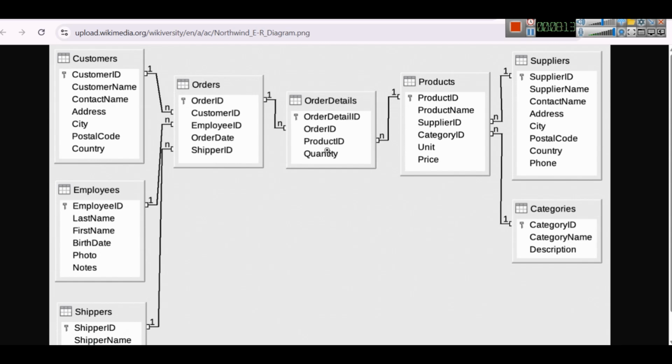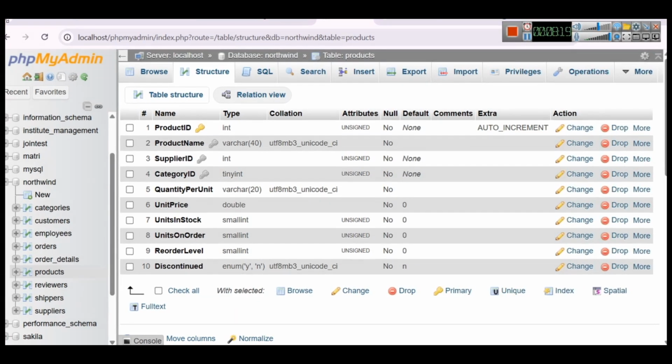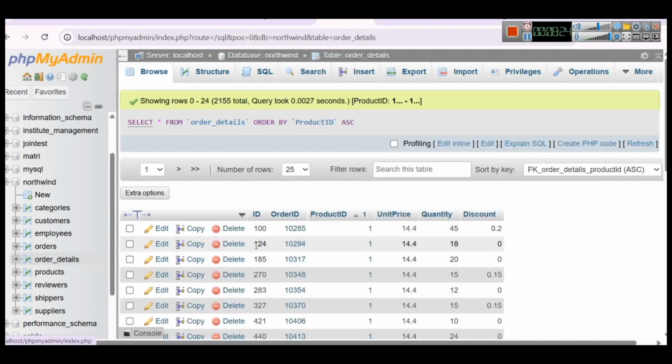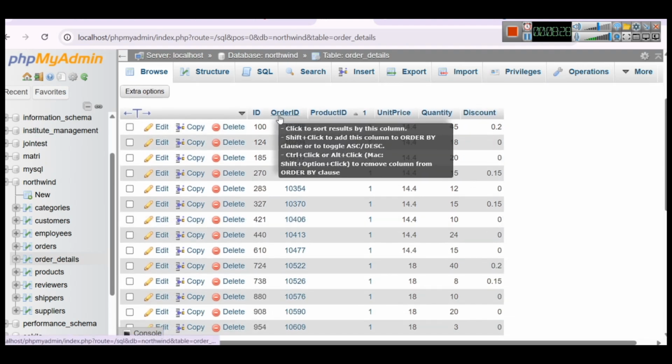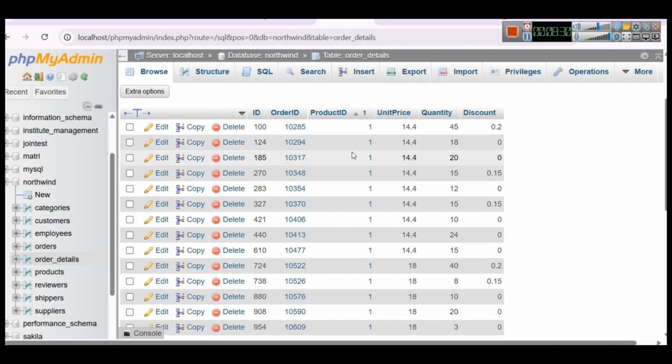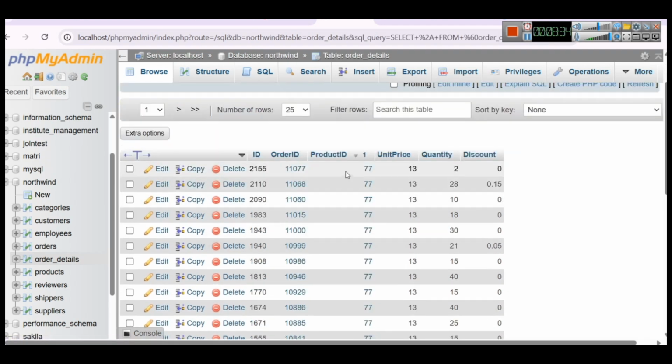So if we go to the order details table, we will see that here we have two foreign keys. One is the order ID, one is product ID. That means in which order what product has been ordered.